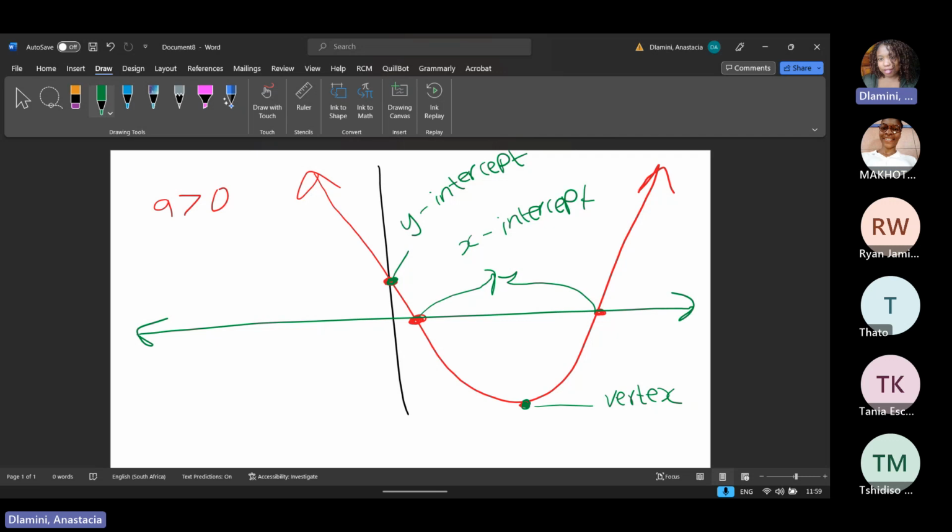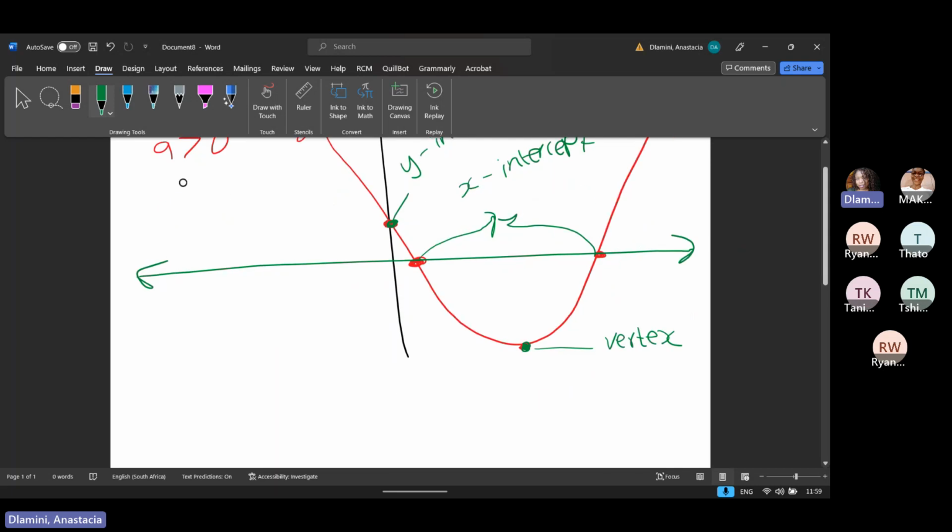Because a vertex is the point that defines the minimum or the maximum of the graph. Does it make sense? Yes. So don't confuse it with a turning point. It is the turning point in this case, but then it also defines the maximum or the minimum value of the graph.